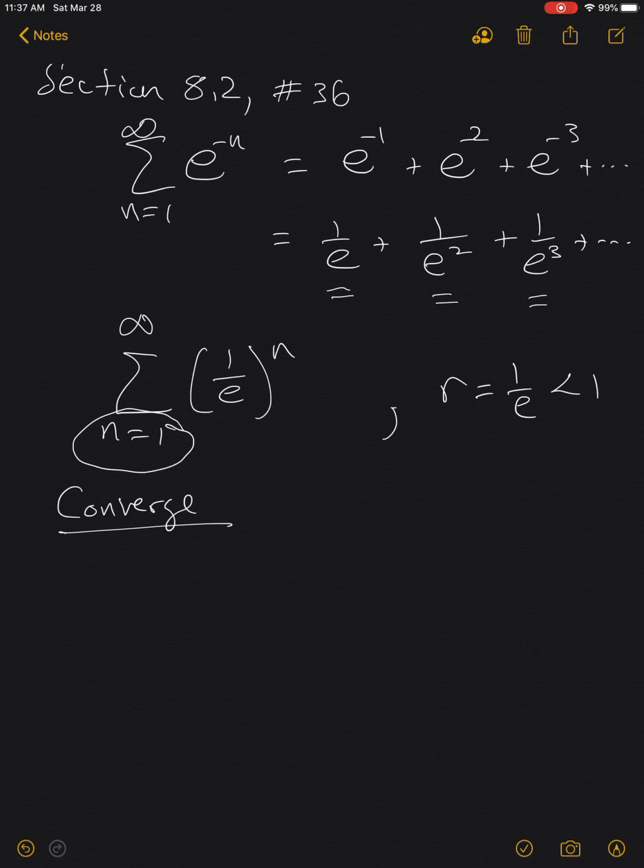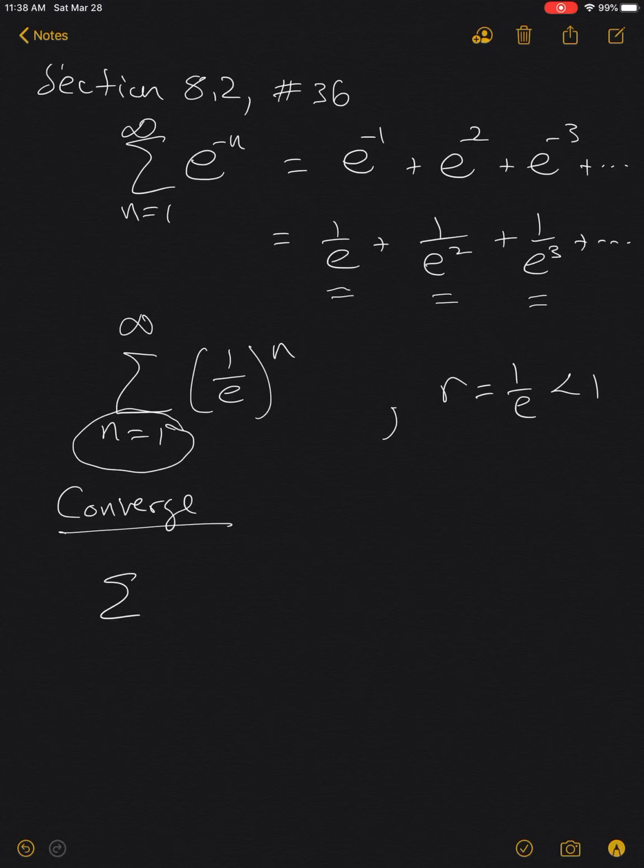When you start with n equals 0, that makes the very first term in your series the number 1, since you're raising r to the 0th power. So you pick up a number 1 at the beginning. We don't have that term. So we can still use the formula for the geometric series sum, but we have to compensate for the fact that we're missing that one term at the beginning.